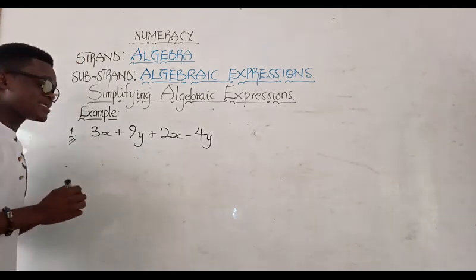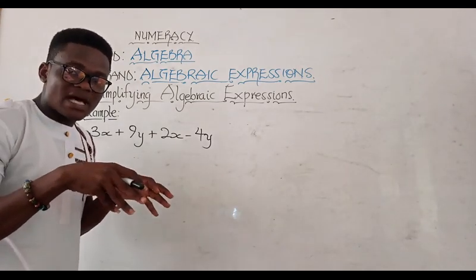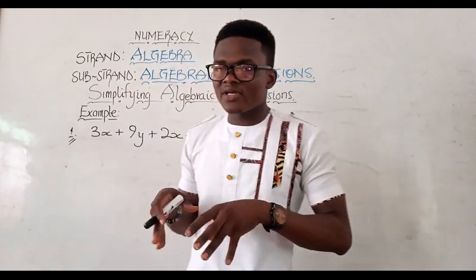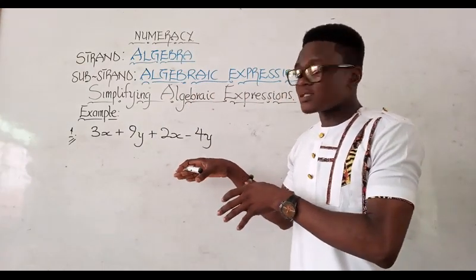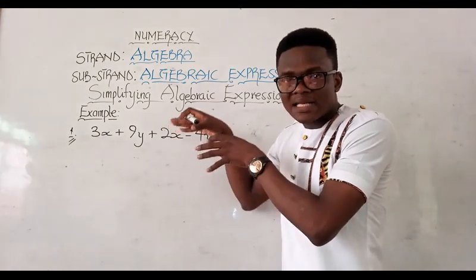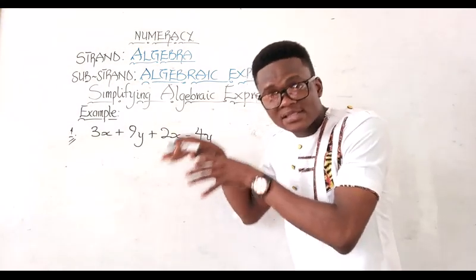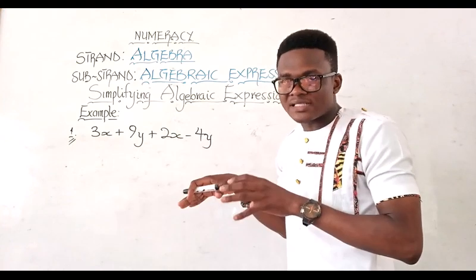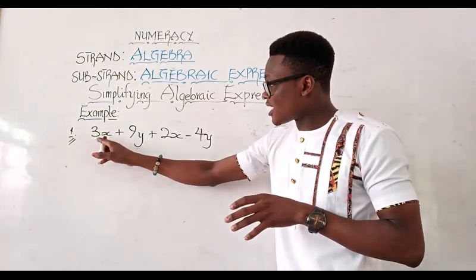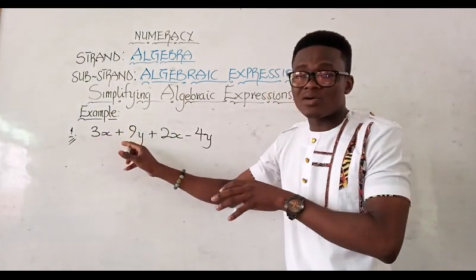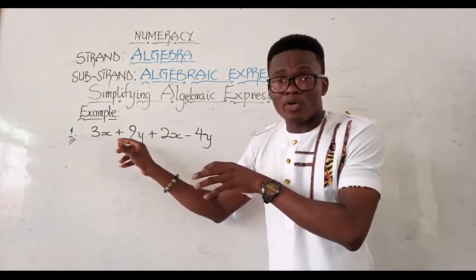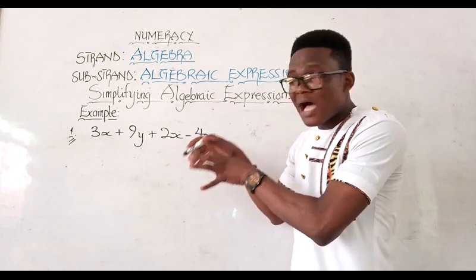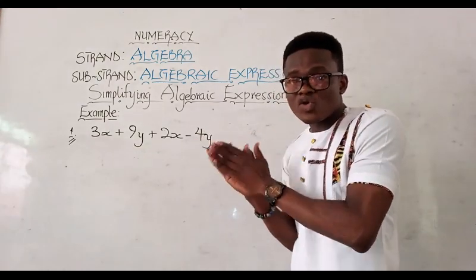As I said, the first method that you must put in place in simplifying an algebraic expression is to group like terms. Only like terms can be added or subtracted. Even this, for instance, 3x plus 9y cannot be added because they have different variables. So before you can add or subtract these, you must group like terms.